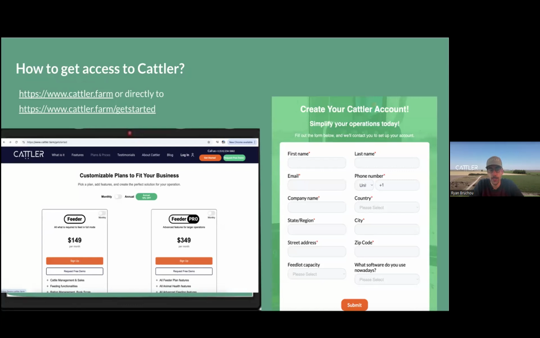And regarding the Cattler plans, we have two main plans, which are the Feeder subscription and then the Feeder Pro. The Feeder subscription is a standalone feeding plan with some elements of animal health, but most importantly, we allow all of our members to opt into different activities, add-ons as we call them, that allow you to pick and choose what you really need at the yard.